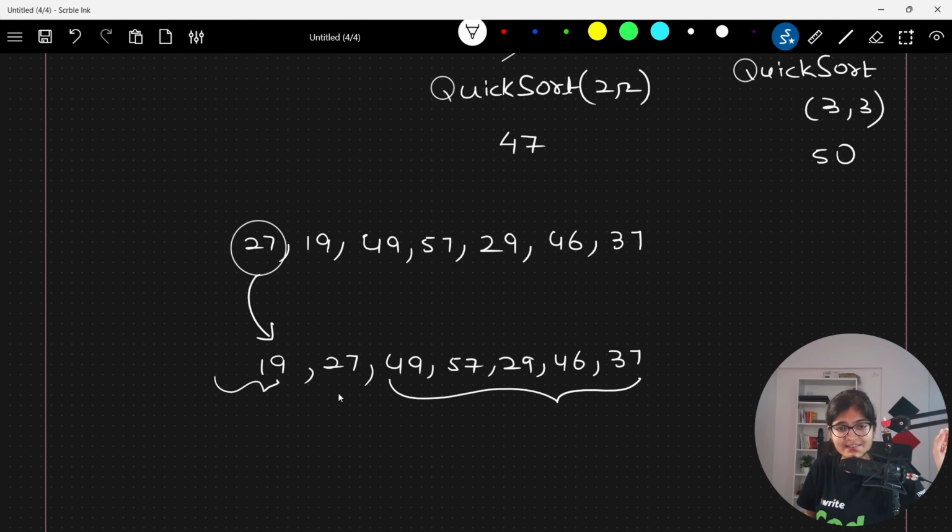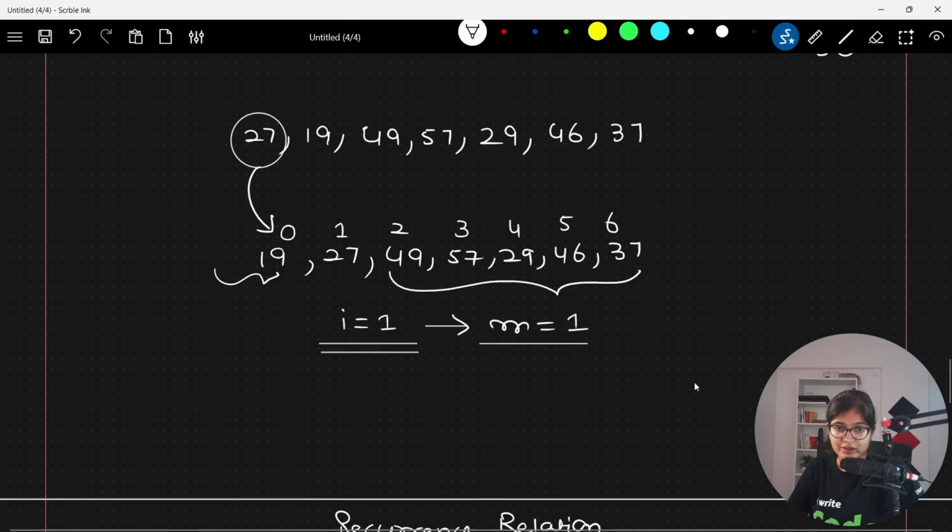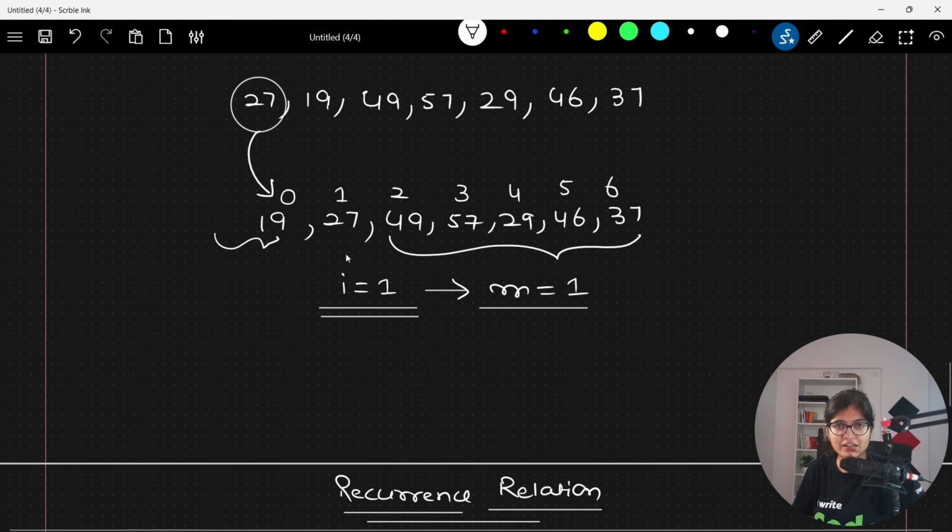So here in this case, the value of i is something which you are getting as 1. This is the index 0, 1, 2, 3, 4, 5, 6. So here the value of i that you're getting is 1. Can I say this will return the value of m as 1 only, right? Okay. So what I'm saying is that this is not the middle value.